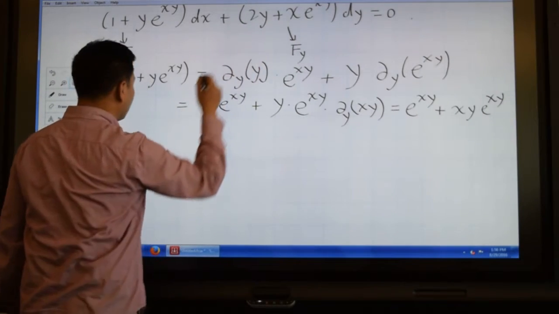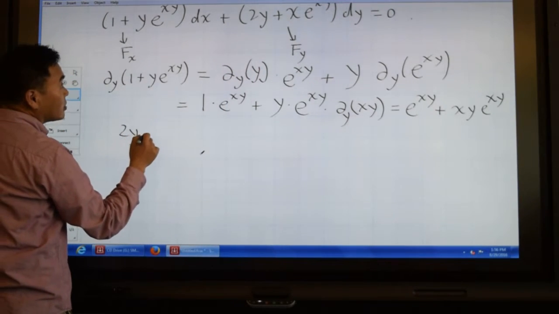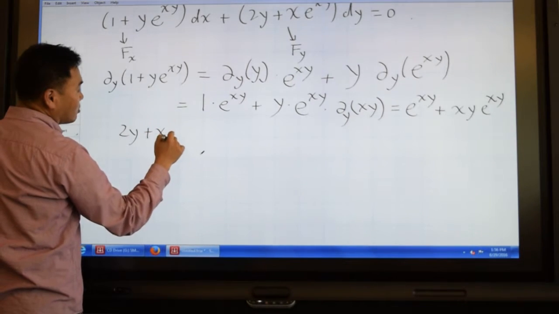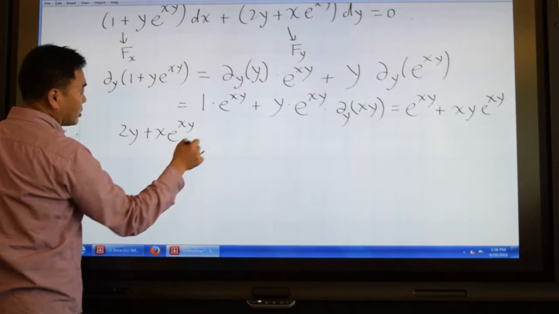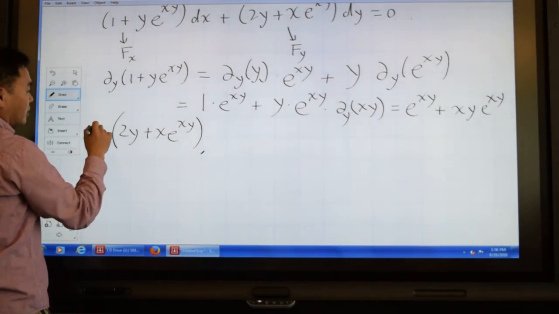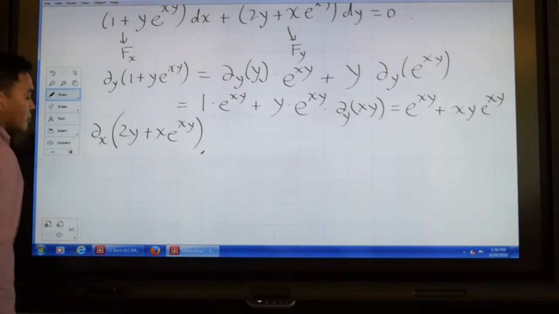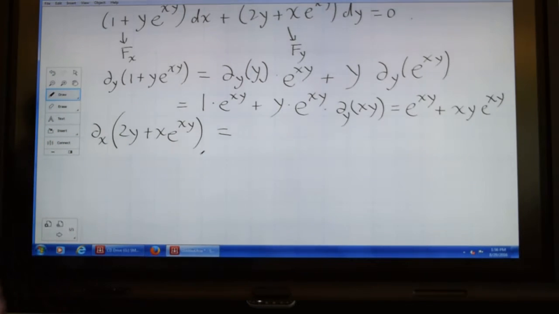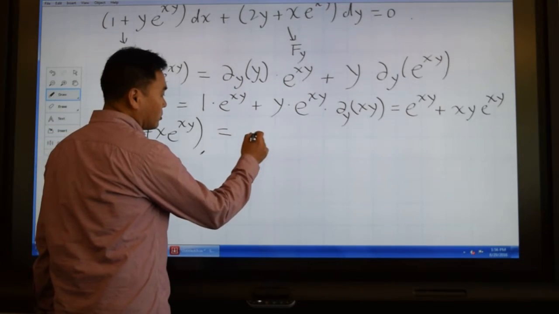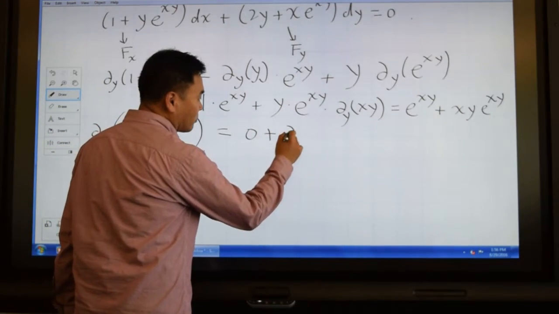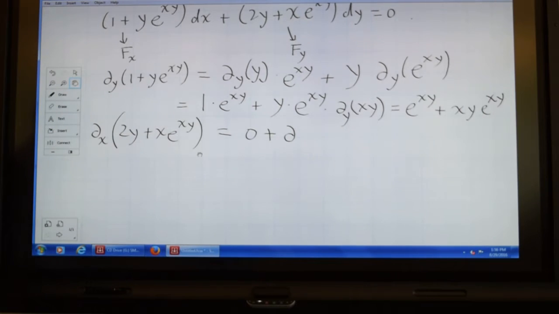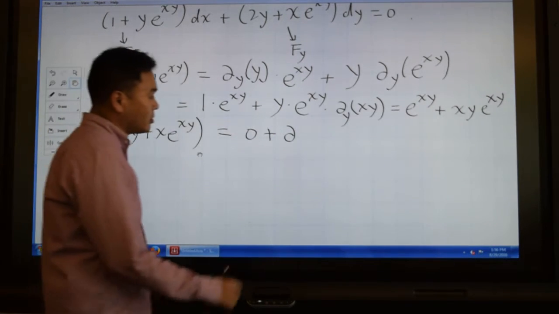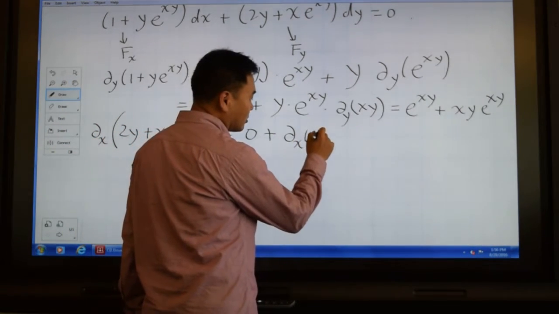What would you get if you differentiate 2y plus x e to the xy by x? What do you get if you differentiate 2y by x? 0. So you just have to differentiate the second one by x. And again, it's a product of two things.